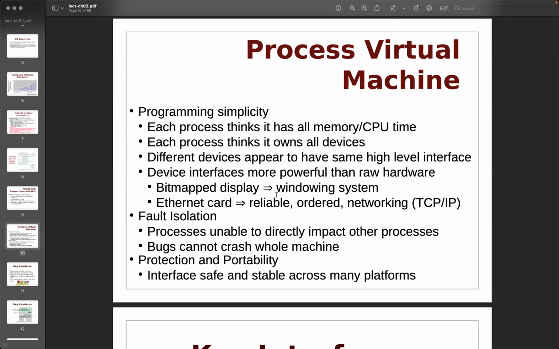And for isolation, some processes cannot affect other processes, and bugs cannot crash the whole machine. You see right here, this part is about the OS. Let's say a process can be part of the function of your program. Can your process directly say, okay, I want to change this process's instruction?